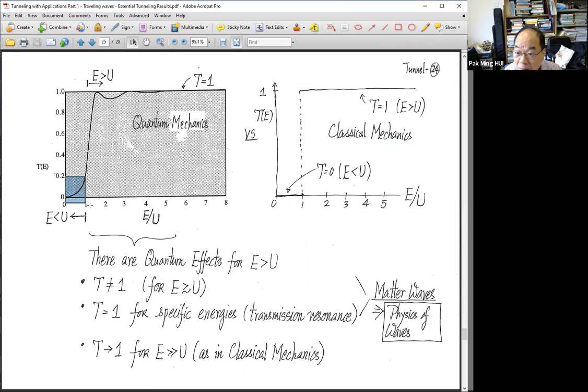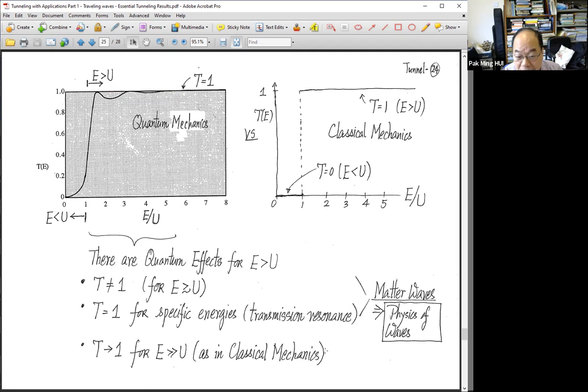This is called quantum tunneling, but I prefer just tunneling because classical tunneling, we see it in optics, okay? So, and there are wave effects also above the barrier height.